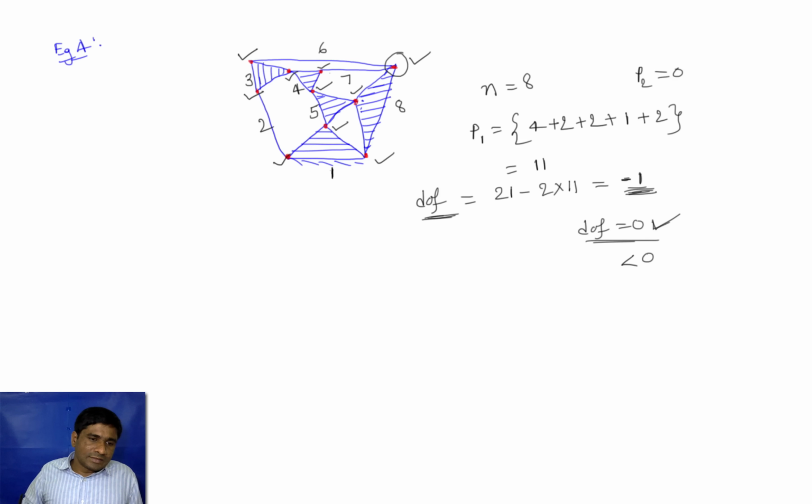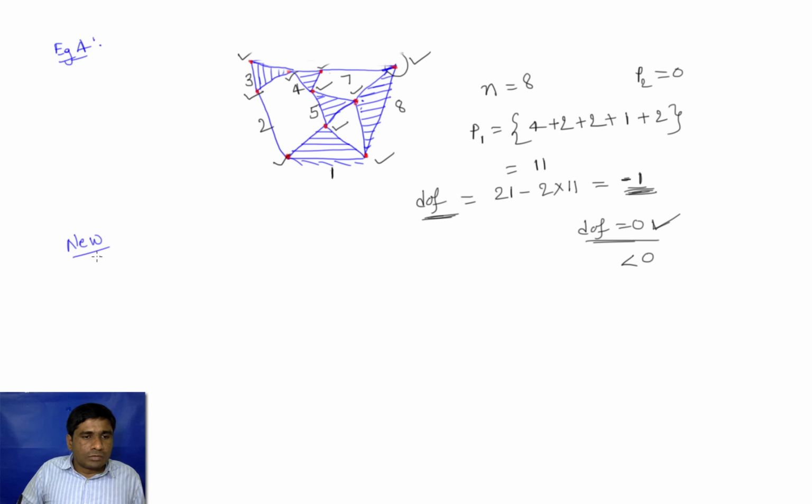For example, in the same example, what I do is I just remove this particular link 6. So I just removed link 6, and again I will calculate the degree of freedom. So for this, the new degree of freedom, new DOF, I would calculate.